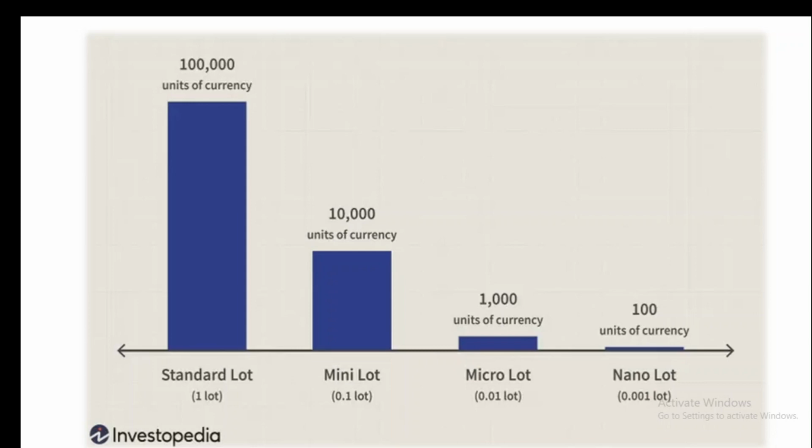The lot size determines the value of the pip. So why should somebody decide to go for a standard lot, mini lot, or micro lot? We talked about the pip in our previous videos.